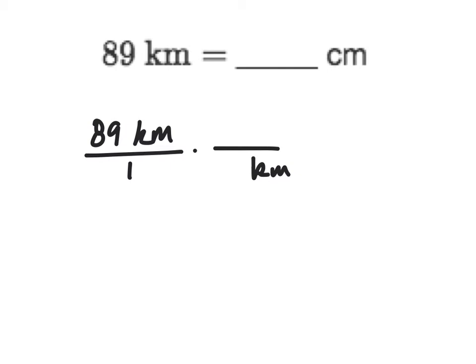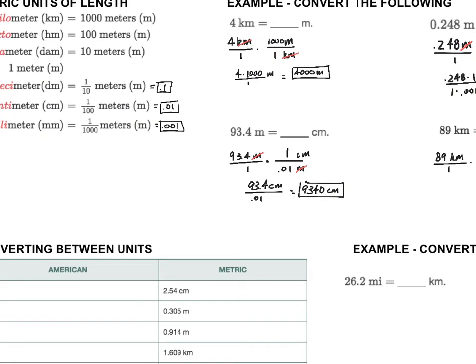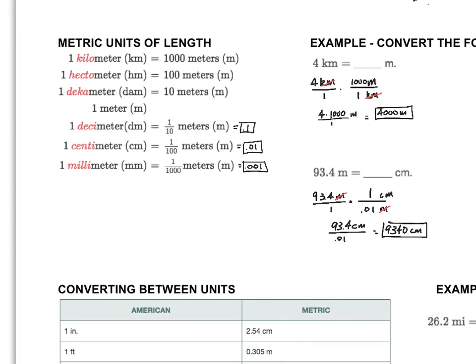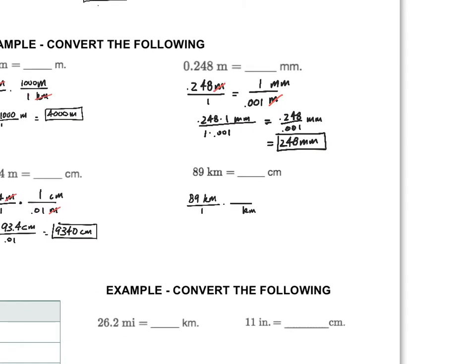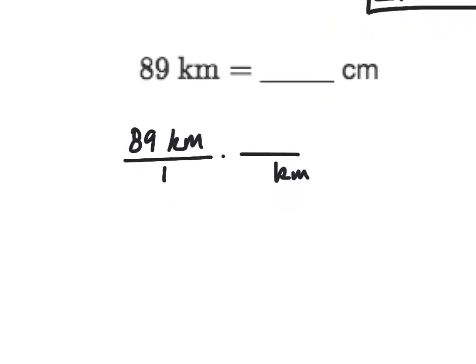The problem is we don't have a conversion ready for kilometers to centimeters. However, we do have kilometers to meters and then meters to centimeters. So we need to first convert this into meters and then into centimeters.